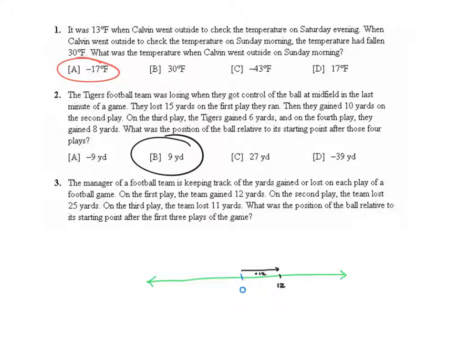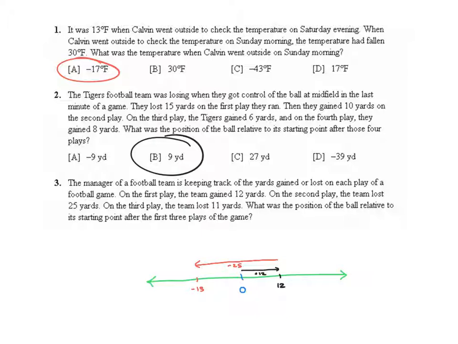On the second play, the team lost 25 yards. So it's going to go back. And matter of fact, we're going to go back past 0 because I only have to lose 12 yards to get to 0. And in this case, I lost 25 yards. So I went back 12, and then I needed to go back another 13. Now I'm at negative 13 because 12 plus 13 gives me the total number of yards lost, 25 yards.